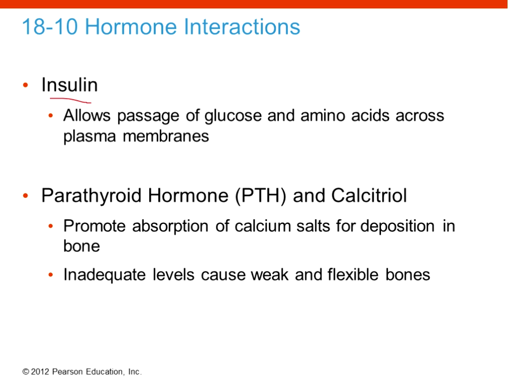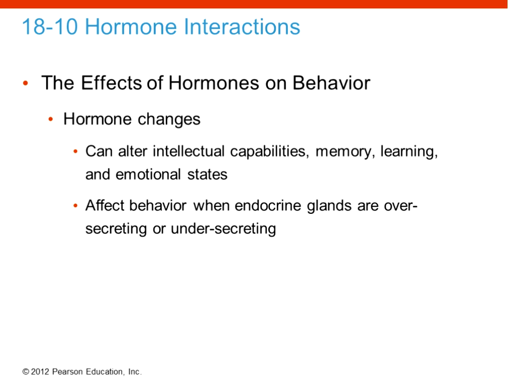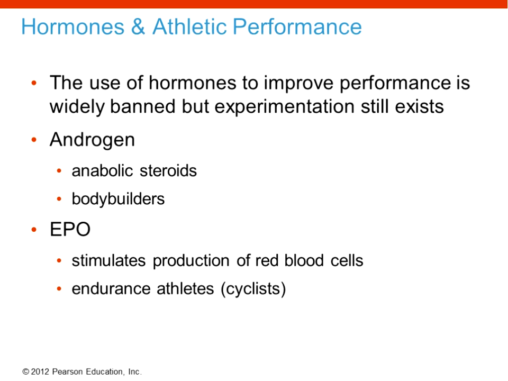Insulin is getting sugar into cells, right, so that the muscle can contract. We talked about PTH and calcitriol impacting bone density. Reproductive hormones, of course, are impacting skeletal proportion, sex characteristics, stimulating cell growth and bone density. We talked about that. Sex hormones can also impact behavior.